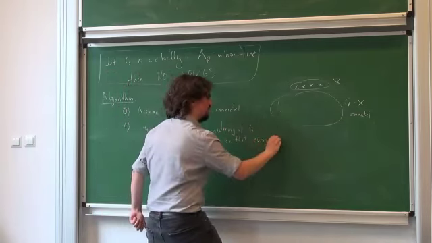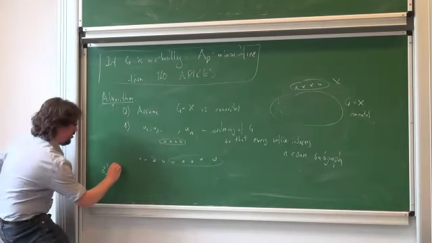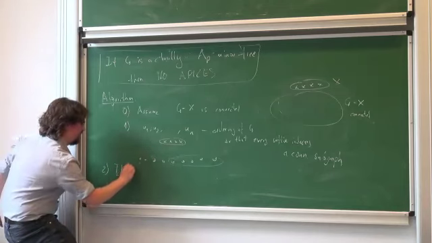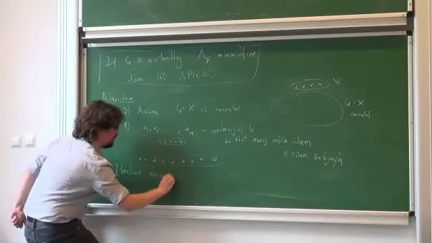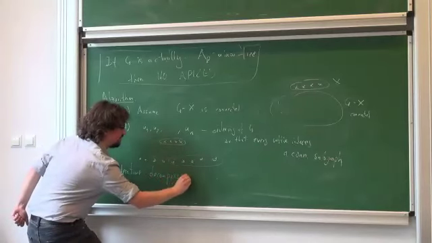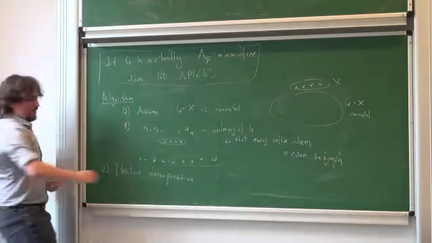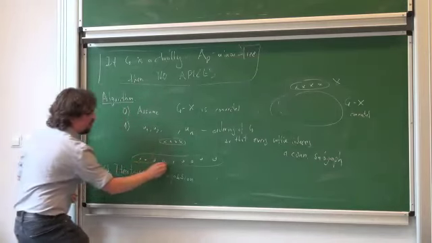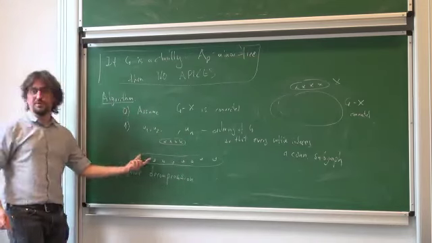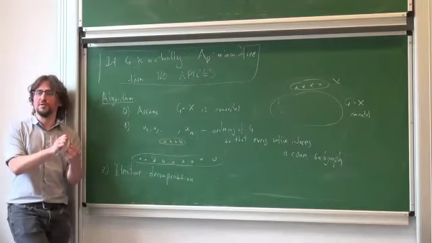So now the technique we will be using, let's call it iterative decompression. Essentially, the idea is that we will first take this whole G minus X and contract it to a single vertex.